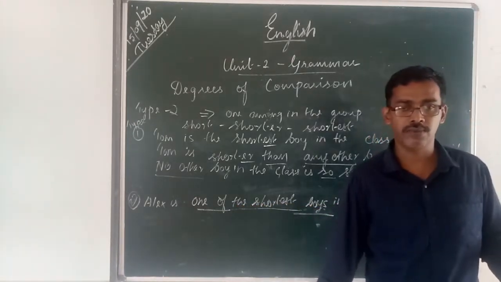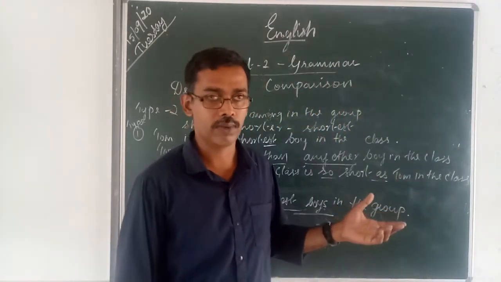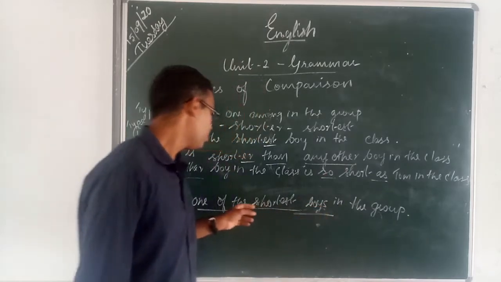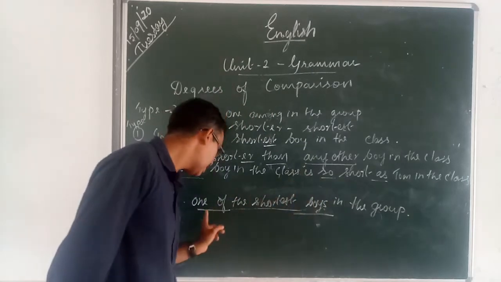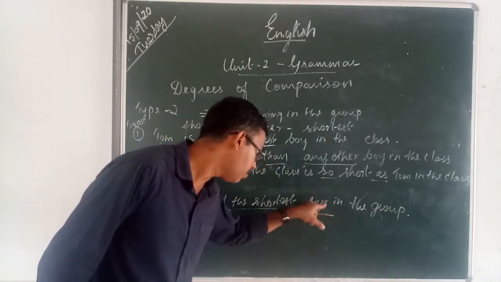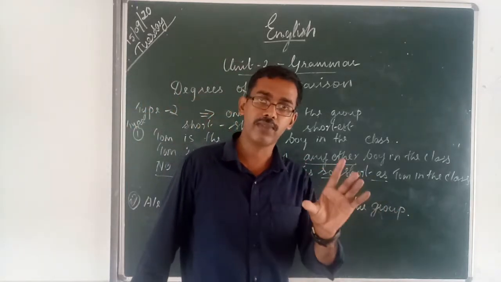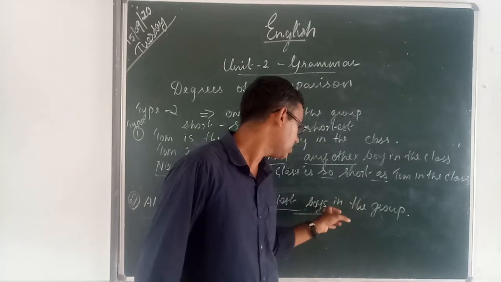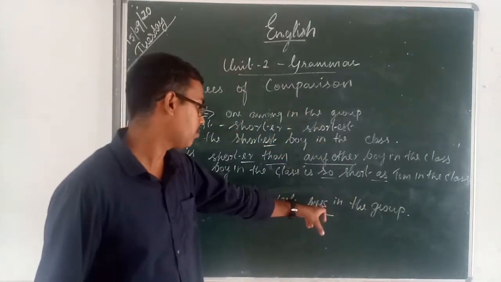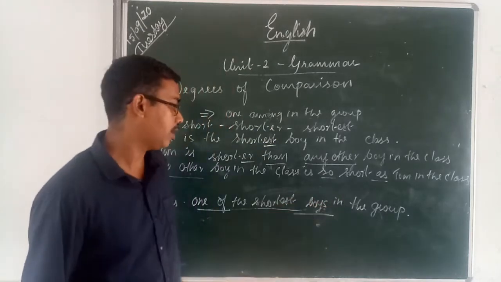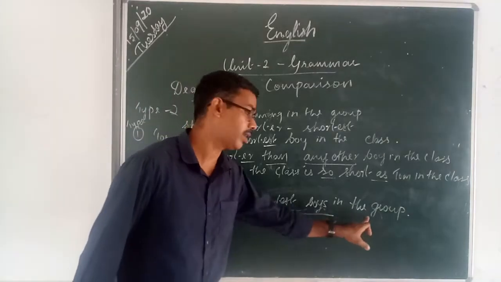We remember in the assembly, the student who handles the program will highlight one of our friends, just like that, one of the shortest boys, one of the friends. One of the means you have to use a plural noun or subject. Understood? Here also, Alex is one of the shortest boys in the group.